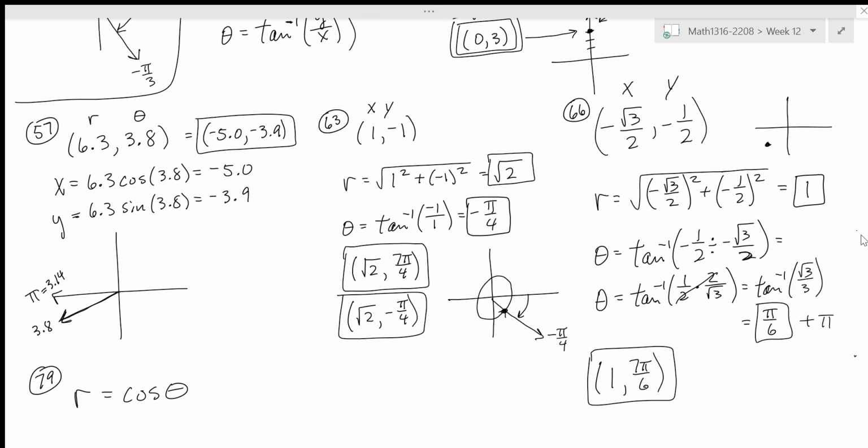Now to plot this guy, we need to locate this angle. 7 pi over 6 is going to be a pi over 6 past 180, and the radius says to go 1 in that direction. So it is going to plot in the same spot. Did everybody see that? 7 pi over 6 is a third quadrant angle, and the radius is positive, which tells me to go into that quadrant.